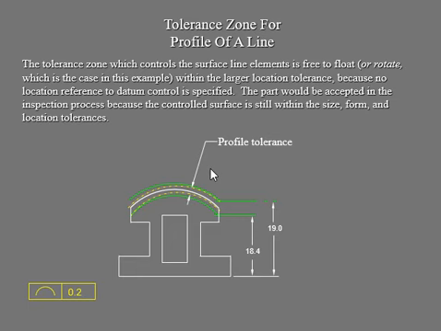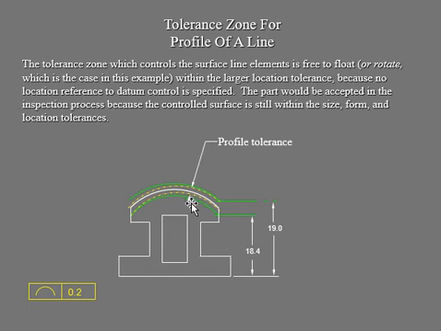Okay, so now let's go into the next slide, and you can see your tolerance zone, where you can see the control of that surface line is completely floating freely. You can see that little yellow, and then this little green one there, and then your true profile line is right there.